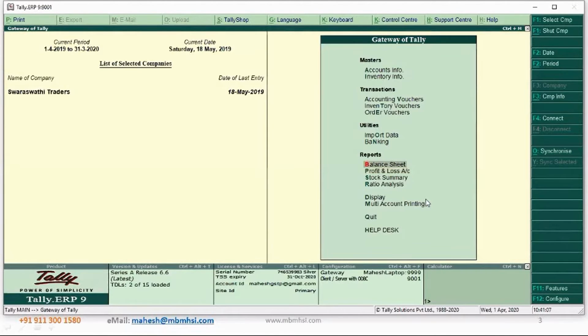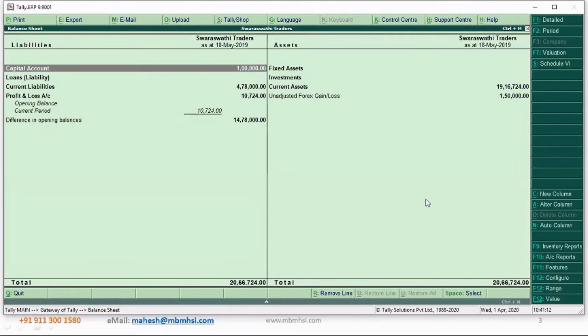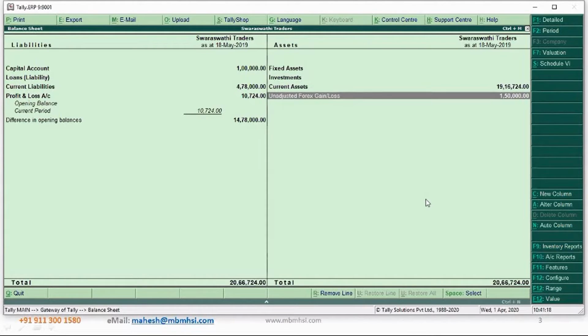If you go to your balance sheet, this is where you will see the magic. In the balance sheet, on your asset side, it is showing unadjusted foreign gain or loss. If it is showing on your asset side, it's a loss. If it is showing on your liability side, it is your gain.